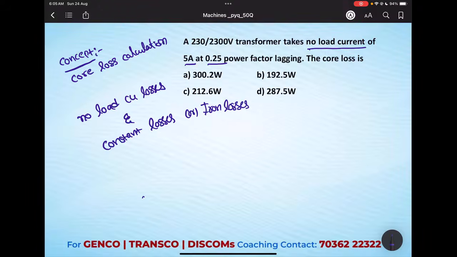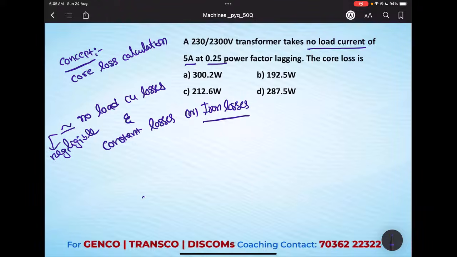Since the no load current is very small, the no load copper losses will be negligible. So whatever power is drawn from the source is completely going to meet the constant losses, that means the iron losses.